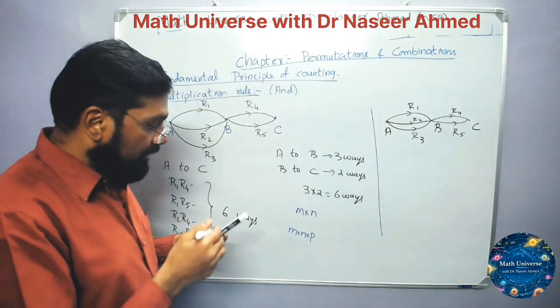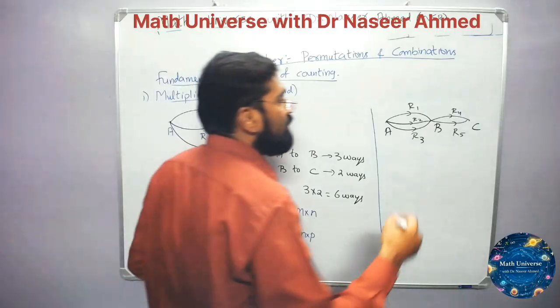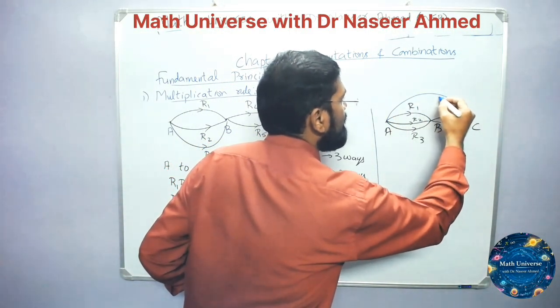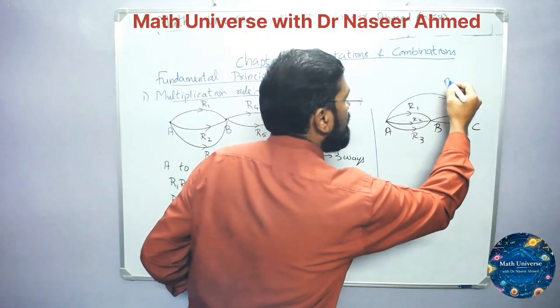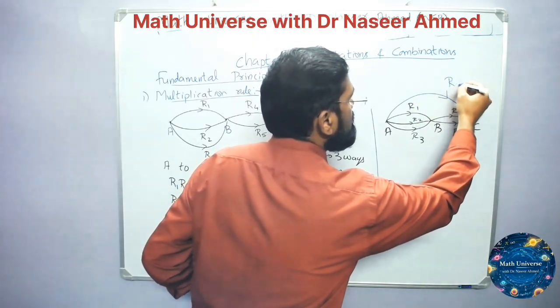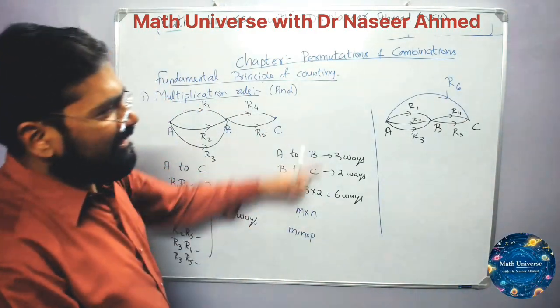No change, right? Now one more way, one more path to reach A to C. Let us suppose an aeroplane. Okay, A is already used, so I'll just say a path R6. A direct road we can say. It's looking like a mask, no?